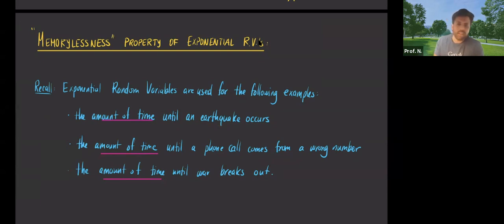Does anybody see any similarity between exponentially distributed random variables and another discrete random variable that we spoke of? For example, the binomial random variable, when we saw the PMF, how symmetric it was.